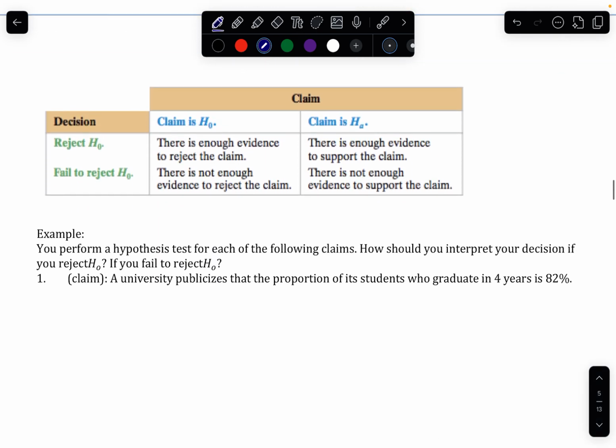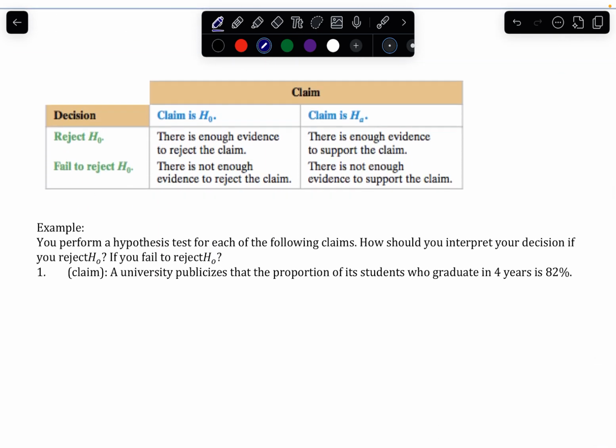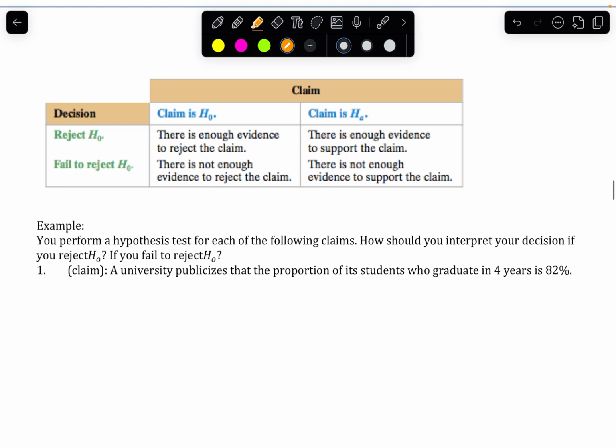So we have a table that helps us with our interpretations when we're looking at hypothesis testing and interpreting our decision. This is going to become extremely important to you. This is going to be the basis of your final answer with every problem we do. When your claim is in the null, we are going to reject the claim, and if it's in the alternative hypothesis, we're going to support the claim.